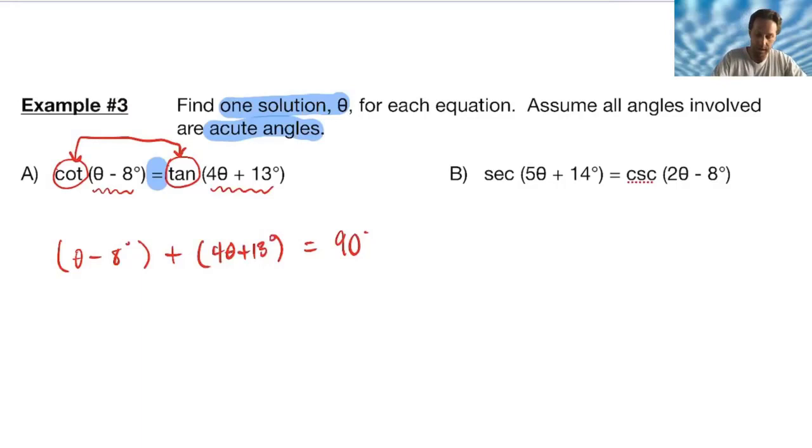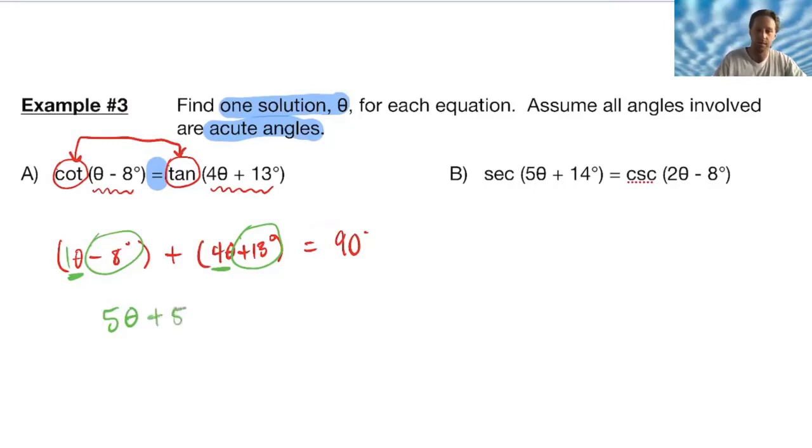So since we're asked to add, we only know how to add like terms. So I'll take the thetas first. 1 theta plus 4 more gives me 5 thetas. And then I'll take the numbers, negative 8 and 13, and subtract. 13 minus 8, or how much of a difference are 13 and 8? Add 2 to get to 10, add 3 more to get to 13.